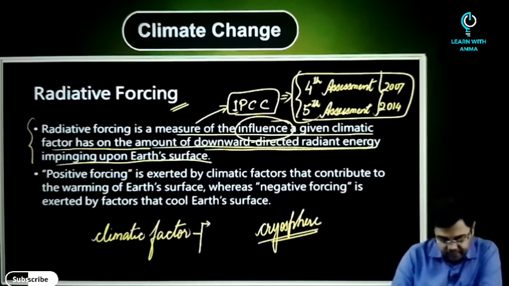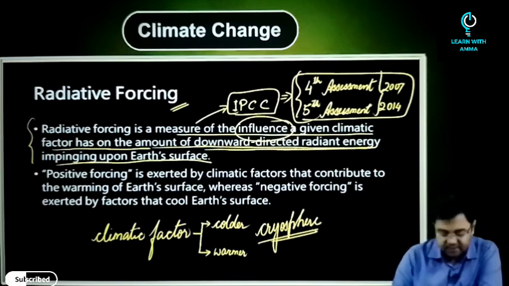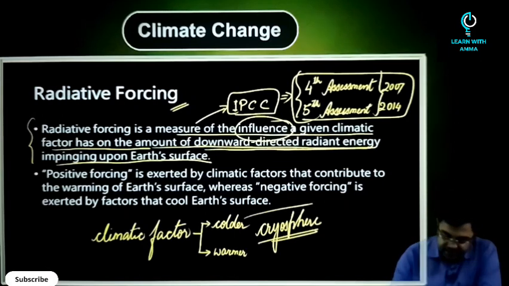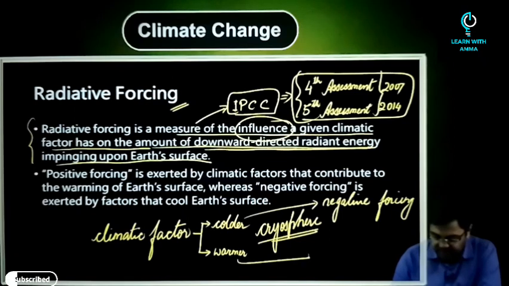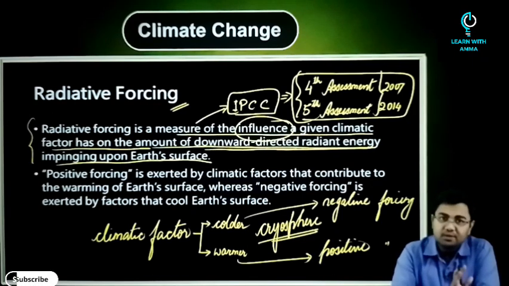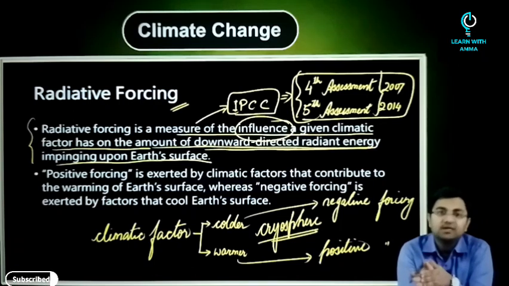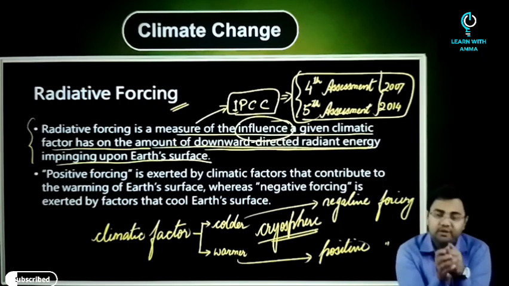Either it would make it colder or it would make it warmer, right? These are the two things that can happen. So if it makes it colder, in that case it is called negative radiative forcing, and if it makes it warmer, in that case it is called positive radiative forcing. So this is a difference that you have. Either it will be a negative radiative forcing or it will be a positive radiative forcing.